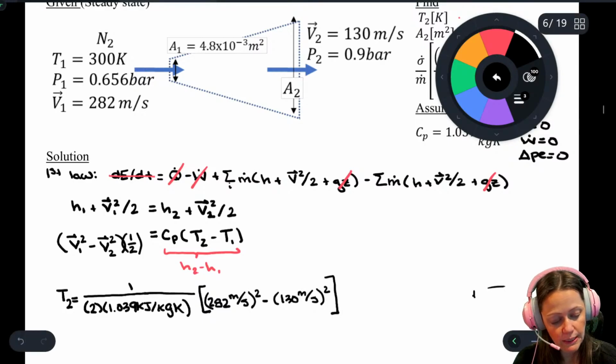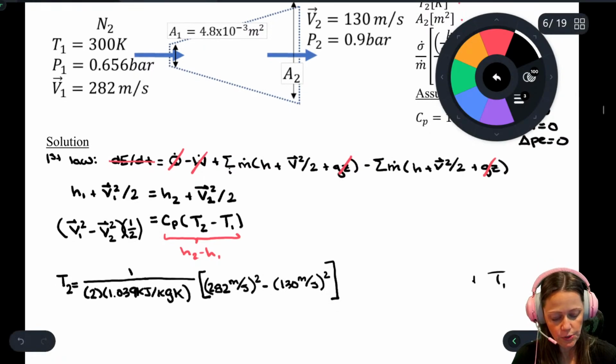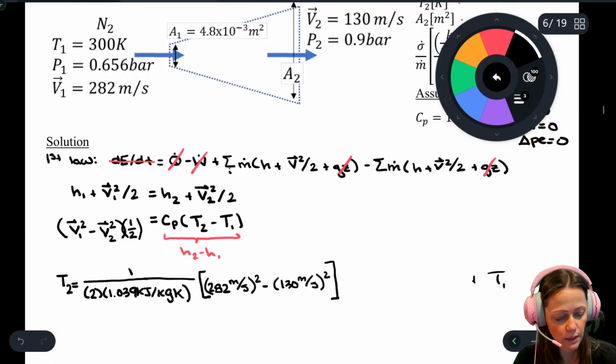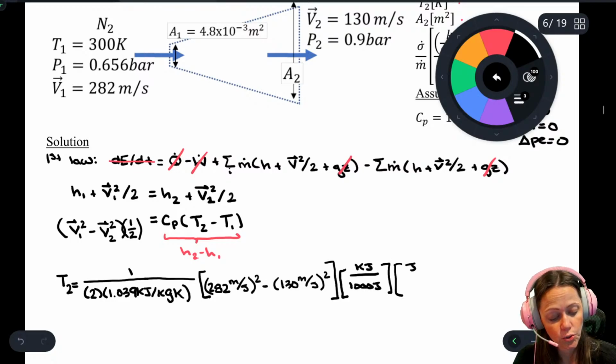There will be a T1 over here, but I need to make sure that the units match up. I need this whole thing to be in Kelvin, so let's get those units correct. 1 kilojoule is 1,000 joules. A joule is a Newton meter. It's been a while since we've done this, but okay.